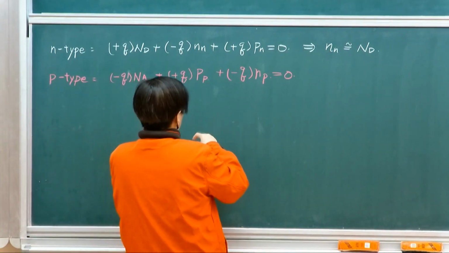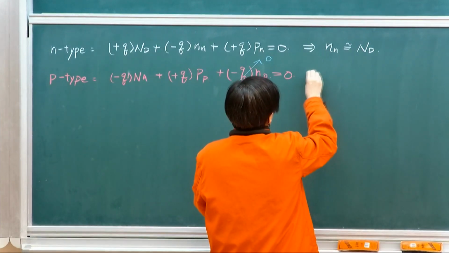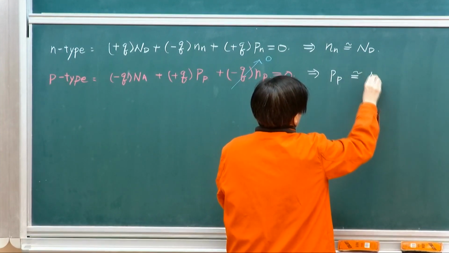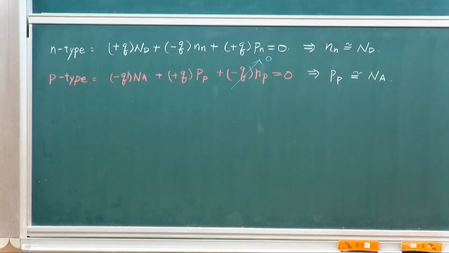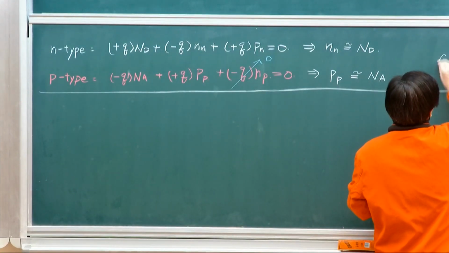Therefore, we do the same thing. We assume that this is approximately 0. Therefore, you get the same result, which is Pp is approximately determined by your doping concentration. So this charge neutrality rule simply tells us that our carrier concentration is determined by the amount of impurity you put into your crystal. So this is based on charge neutrality.